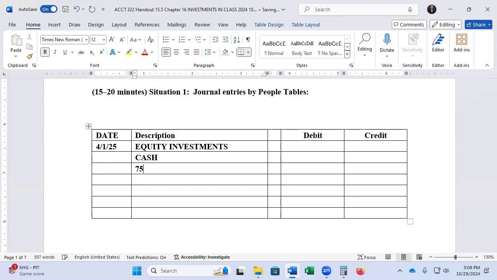And it said that we purchased 15% times 5 million. And that gives us 750,000 shares at 8.5. And so that's 6,375,000.